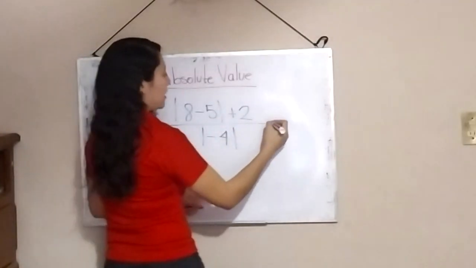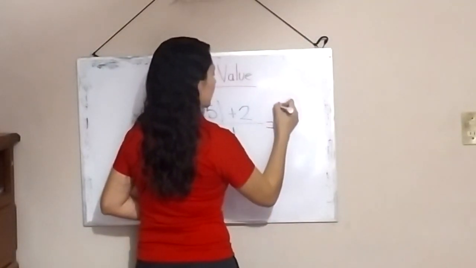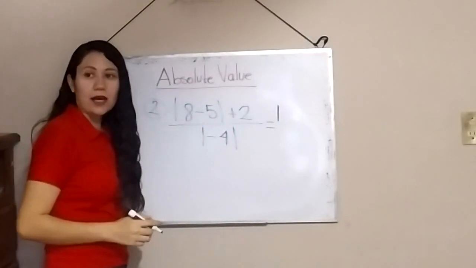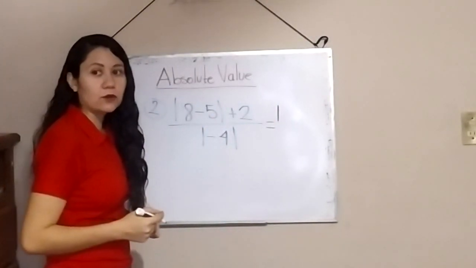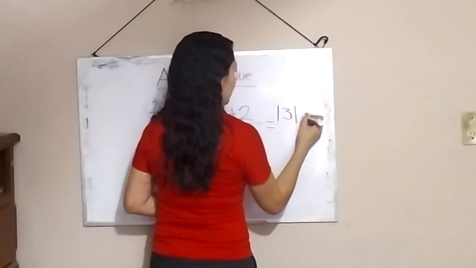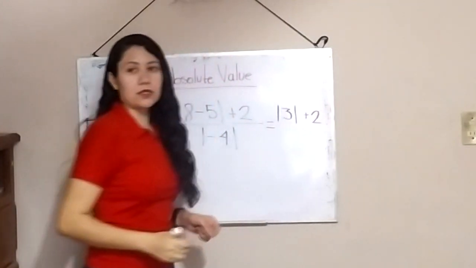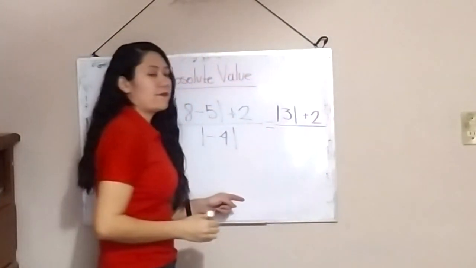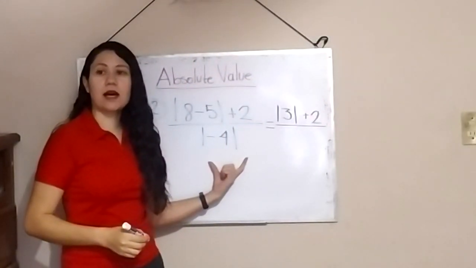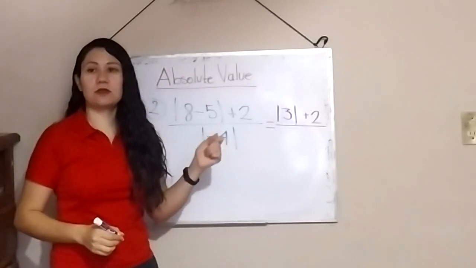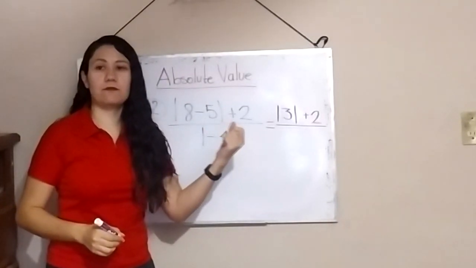So this would read as the absolute value of 8 minus 5 equals 3, plus 2, divided by the absolute value of negative 4. What is the absolute value of negative 4?